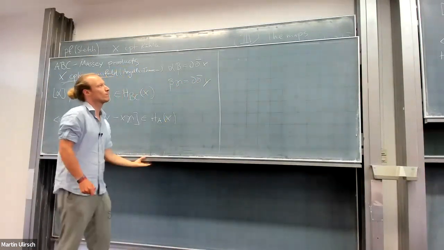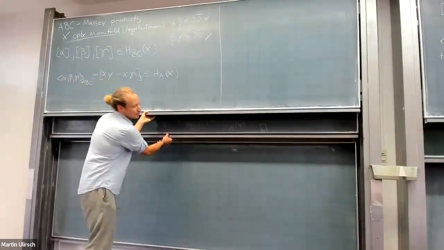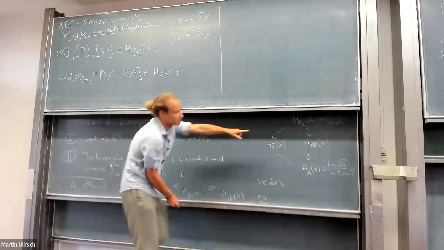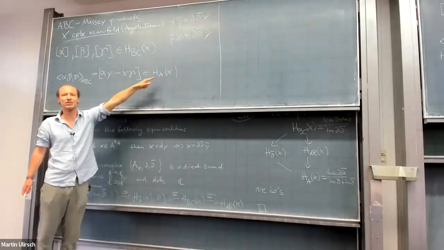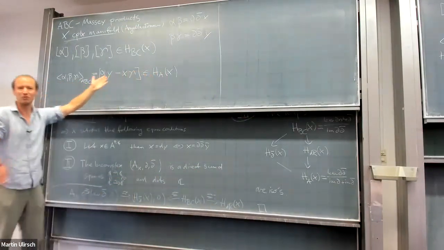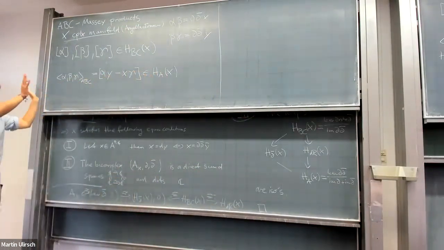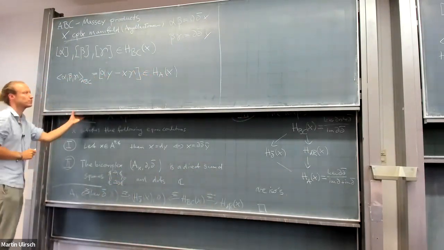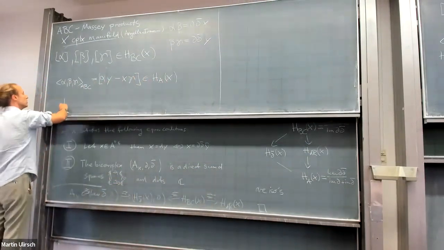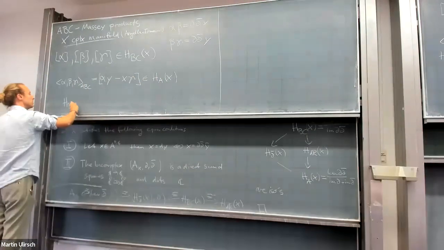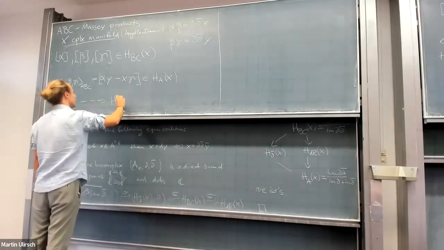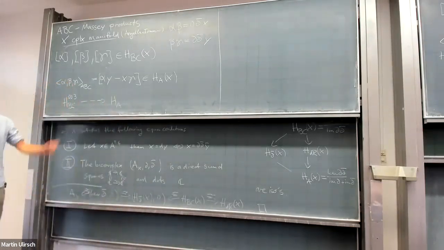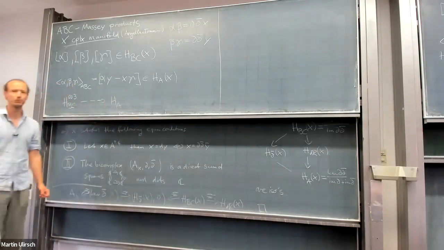Even though on a compact Kähler manifold, by what I told you here, we can identify both Bott-Chern and Aeppli cohomology with the de Rham cohomology. So even on compact Kähler manifolds, these are a priori different operations. Okay, so this gives again a partially defined operation from Bott-Chern cohomology to Aeppli cohomology of degree -1.